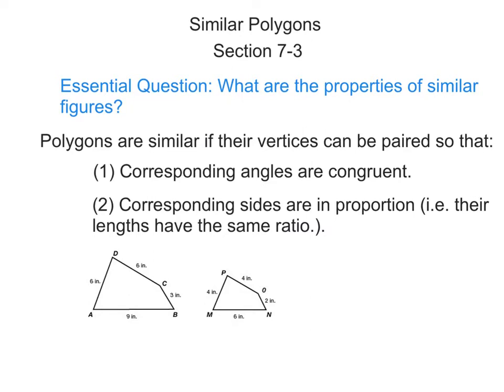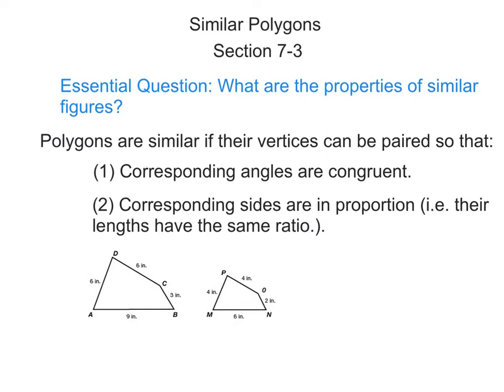So look at what we've got here. We've got two similar polygons, or at least we are assuming they're similar polygons. Now, look at the corresponding angles. We have a larger polygon, a four-sided figure, a quadrilateral, ABCD, and we have a smaller one, MNOP. Now, if we look at the corresponding angles, for example, A corresponds to M, and those angles appear to be congruent.